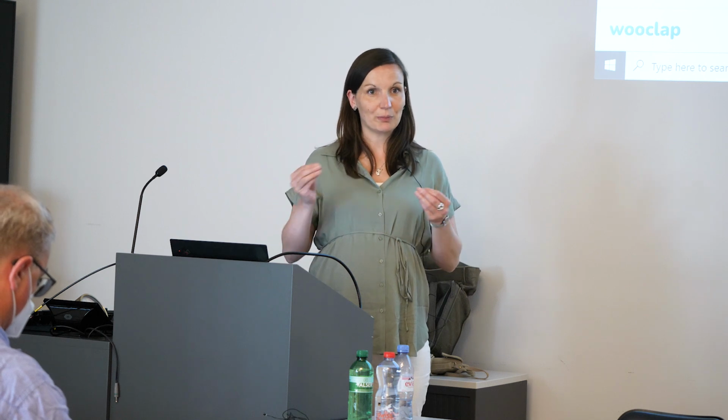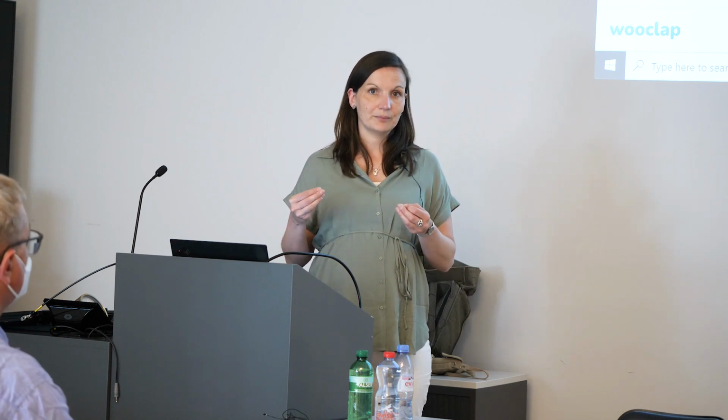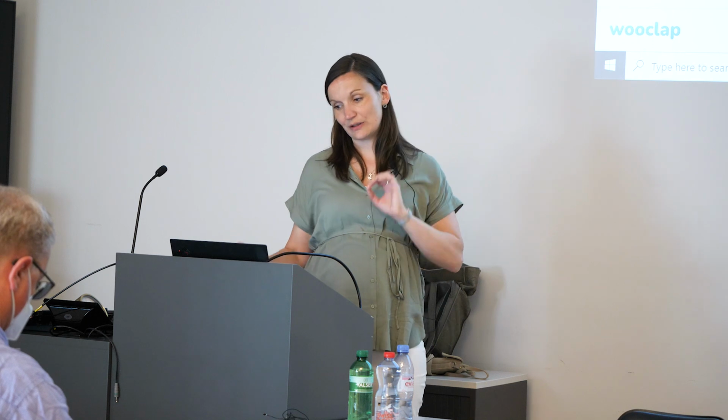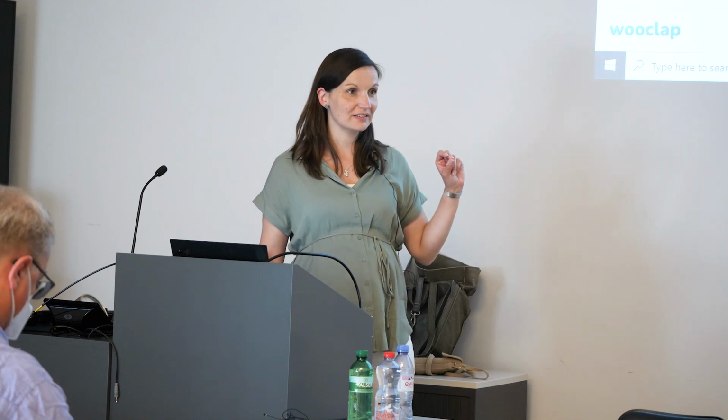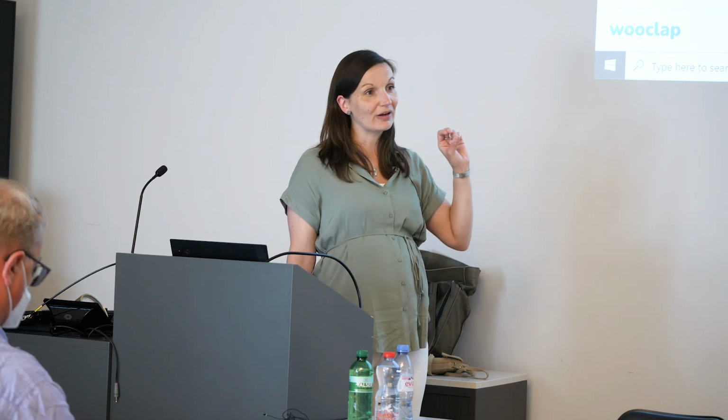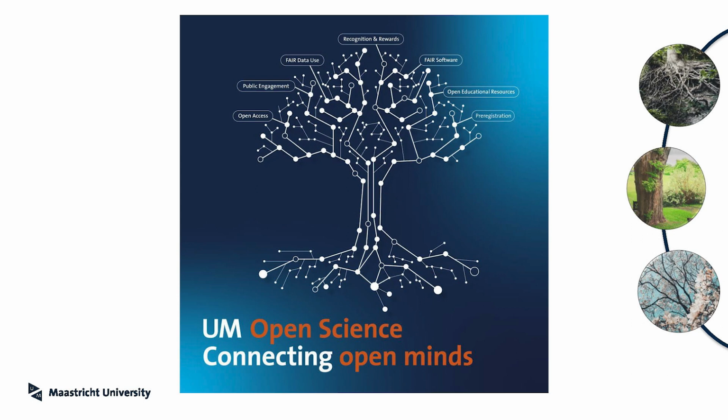And then even if you find other things, that's not a problem, but you can make clear what was your initial hypothesis. And I hope that by the end of this presentation, you will find out that the library can play a role in all of these open science themes.